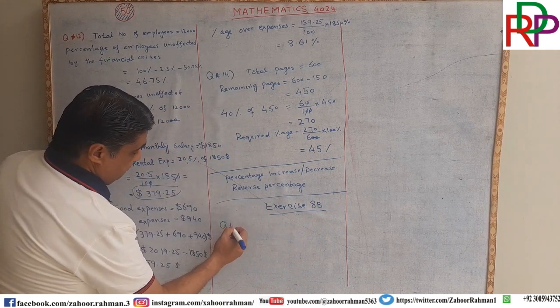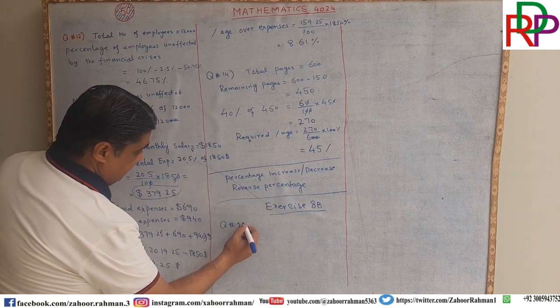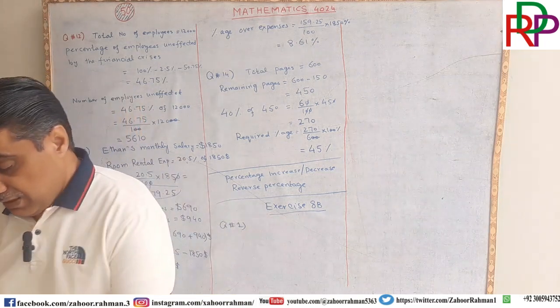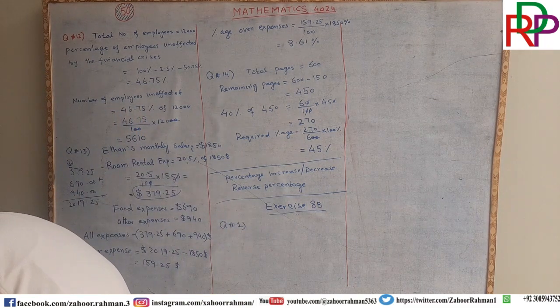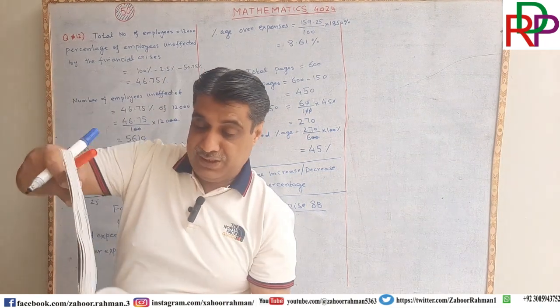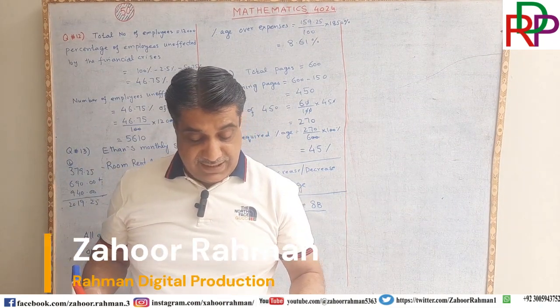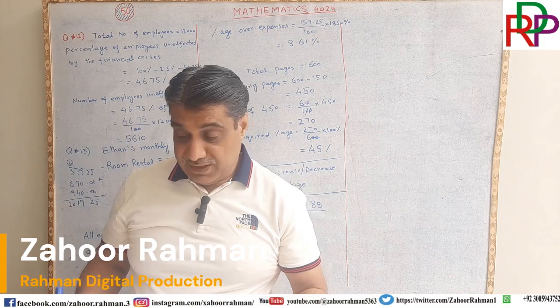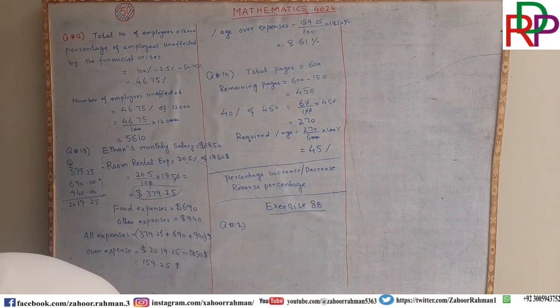And question number 1 is saying, find the percentage increase and decrease. They have given us different values in the book. They are saying find the values of each of the following.